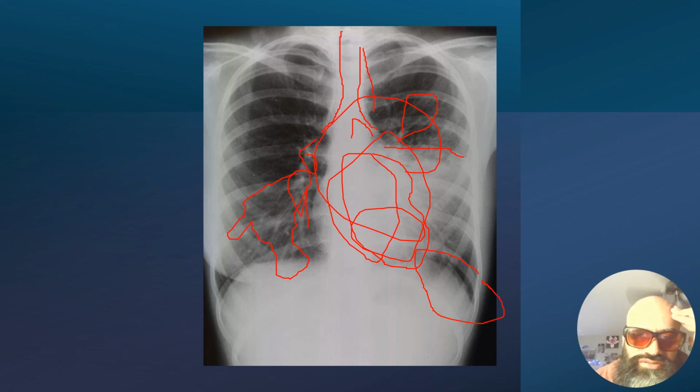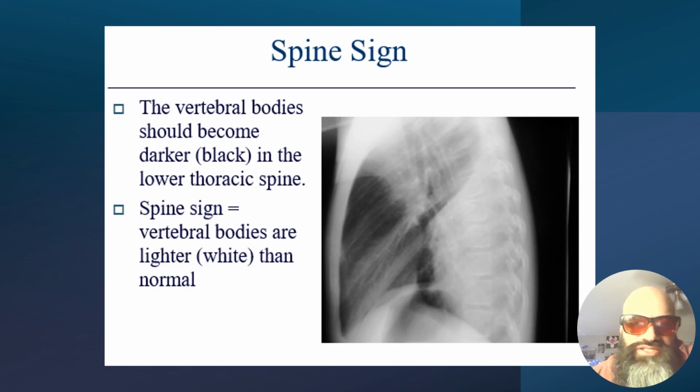So if you're picking up on this, notice that I'm going through a particular pattern. Find your basic anatomical landmarks, see what's missing, see what's obscured, and know your densities between air and water, bone and metal. Spine signs.